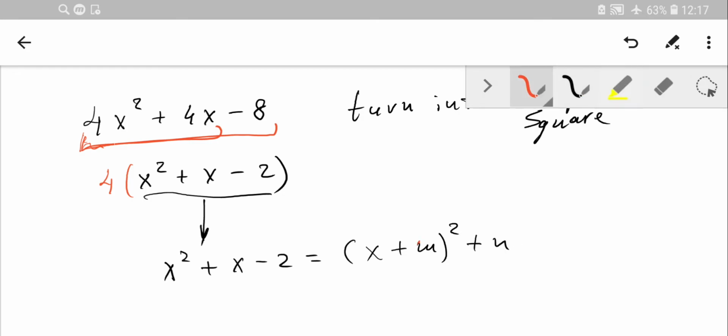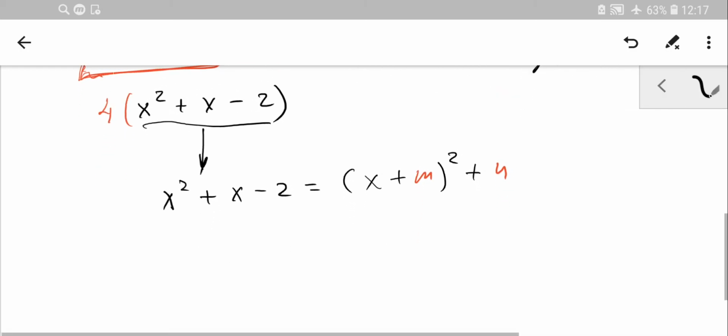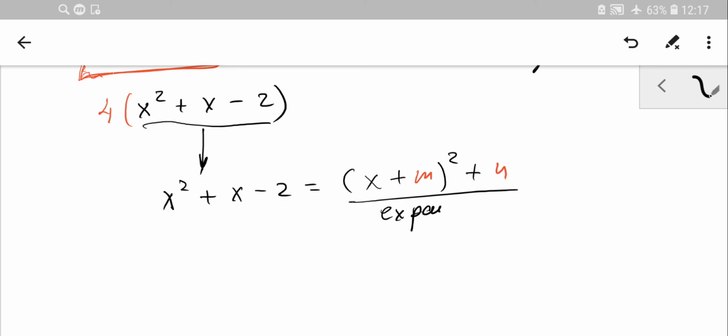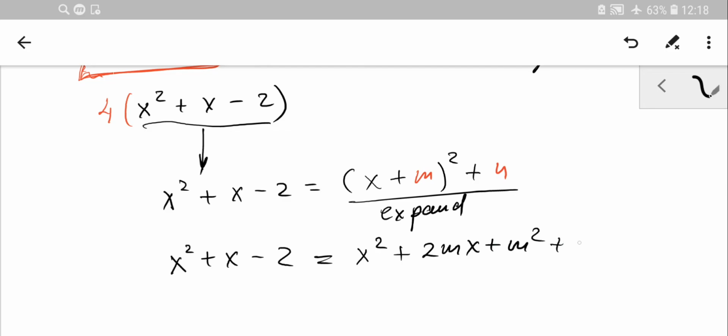I mark the letters that we need to find as m and n, and right now we need to find them. The first step is to expand, and the second step is to compare. So we have x squared plus x minus 2, and here we expand it: x squared plus 2mx plus m squared, and finally plus n. Alright, and let's do the comparison.